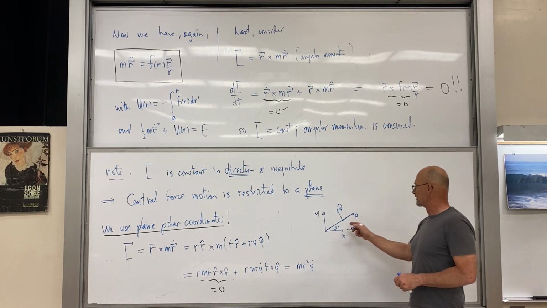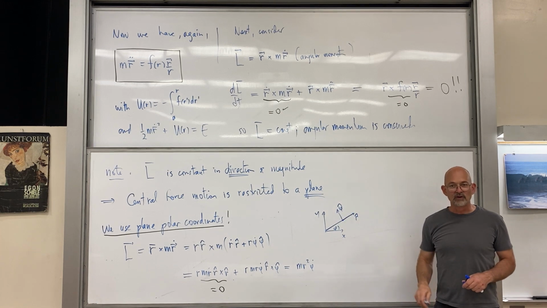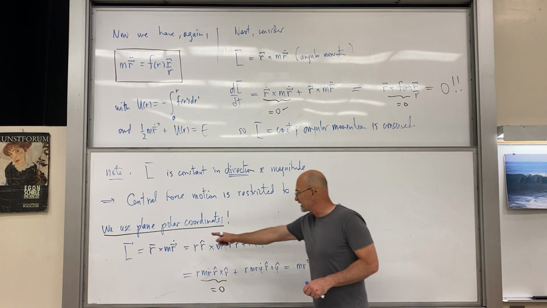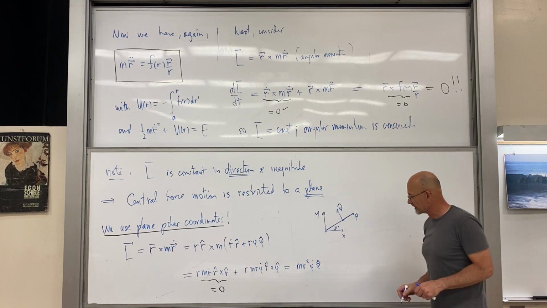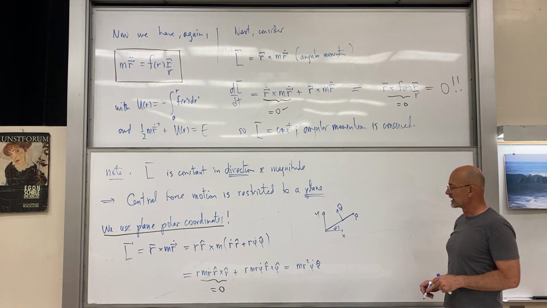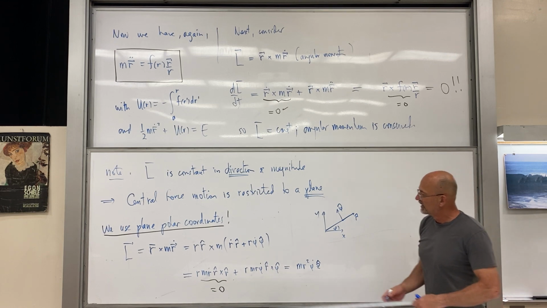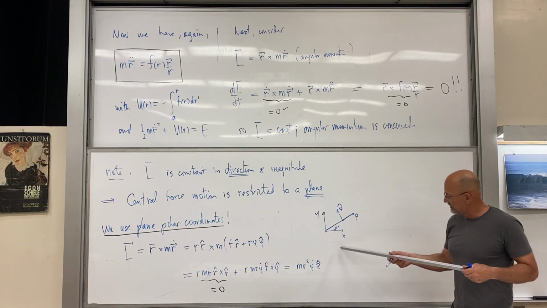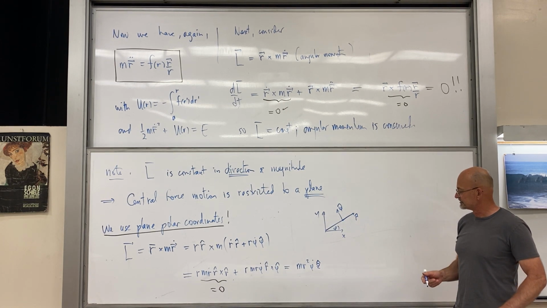So R hat cross phi hat is coming out of the board. That would be our Z if we were in cylindrical coordinates. So as long as we're writing a vector, we have to say that's the Z hat. Okay. So that's the expression of this vector. And of course, it's perpendicular to the XY plane as I've defined it here.